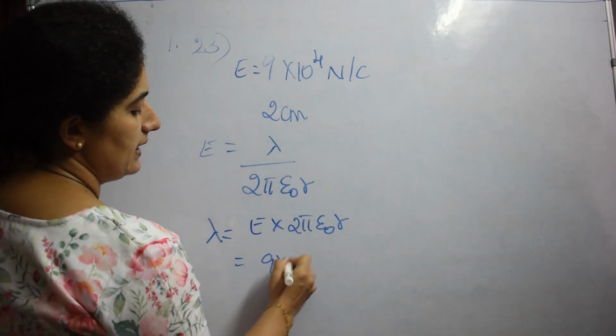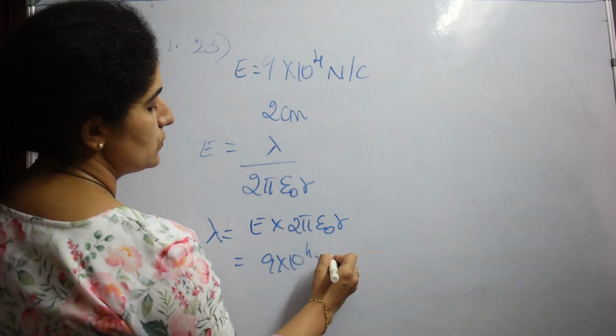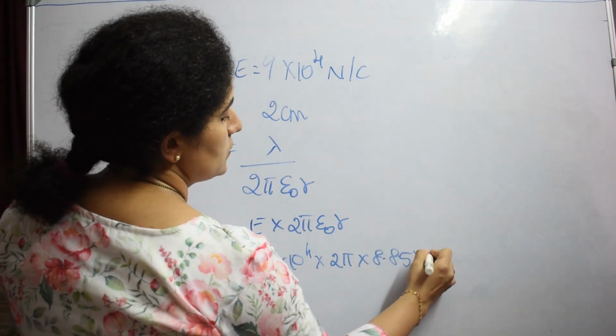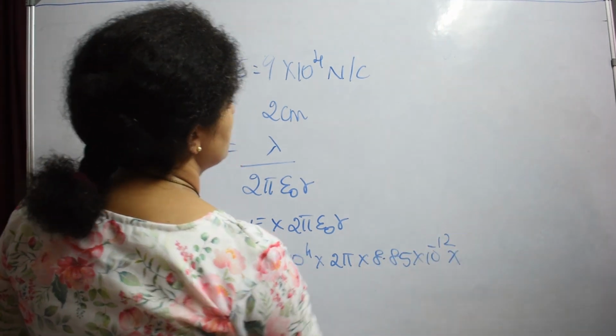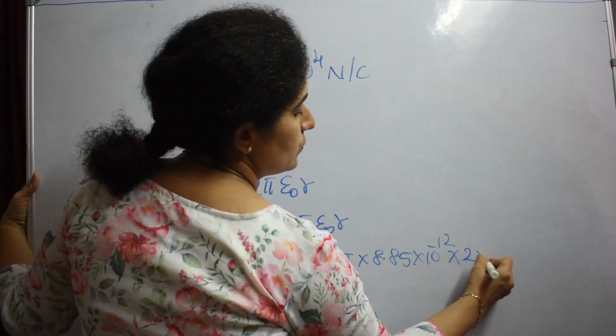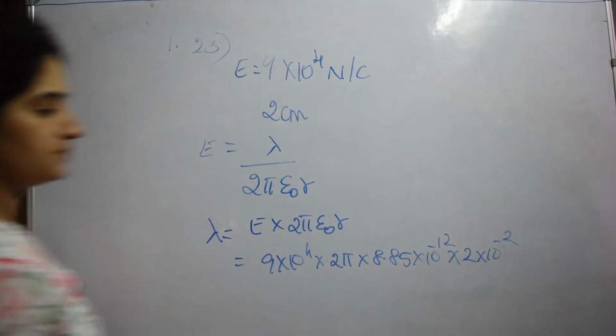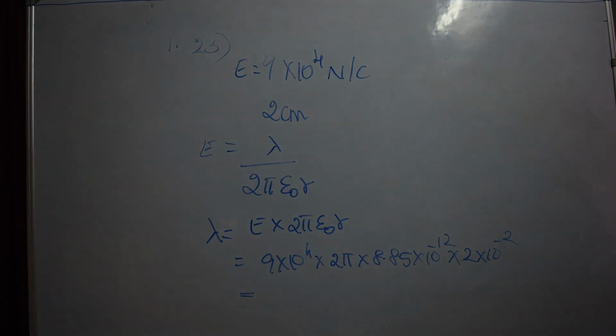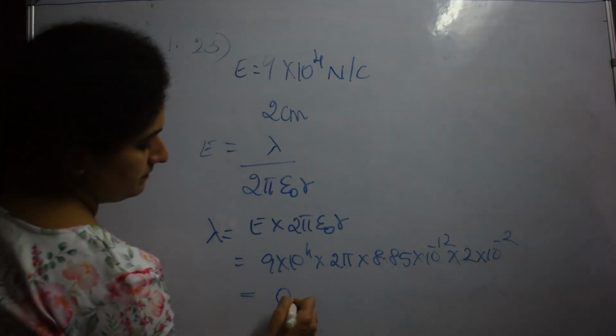What is E? 9 into 10 to the power 4 into 2 pi into 8.85 into 10 raised to minus 12 into 2 centimeter, 2 into 10 raised to minus 2. This is a direct calculation, so 0.1 microcoulomb per meter.